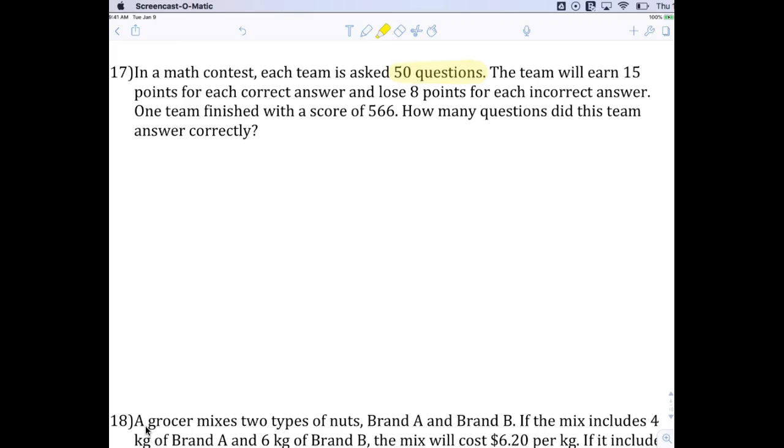Now, what types of questions are there? Wow, look at you right off the bat. Correct plus incorrect is equal to 50. Hold up a second. Does everybody agree with that? Correct plus incorrect is 50. How many points now for correct? 15 for correct.